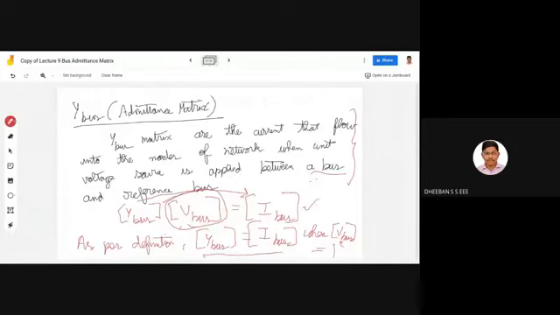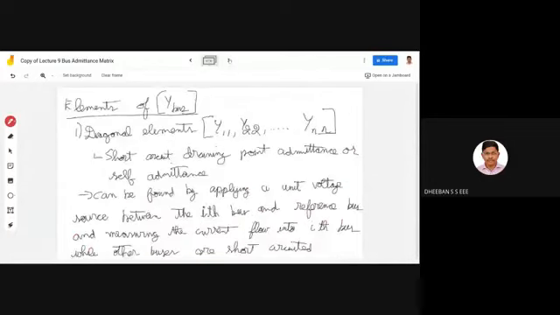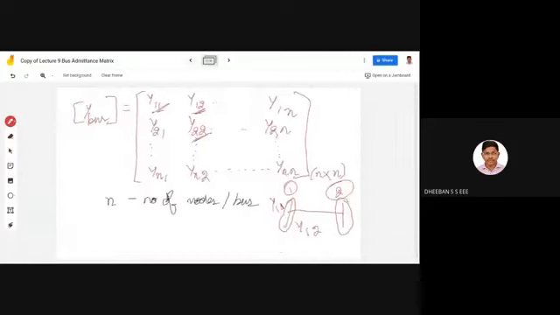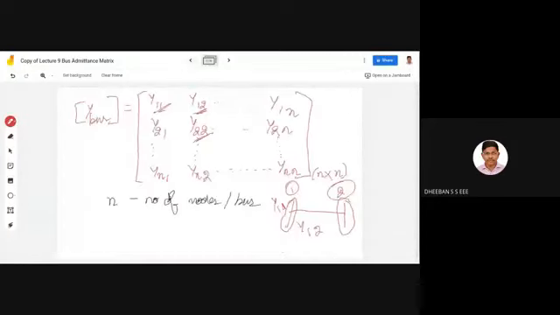So coming to the elements, I have already shown you the Y bus equation. It has diagonal elements, and apart from diagonal elements, it also has off diagonal elements.